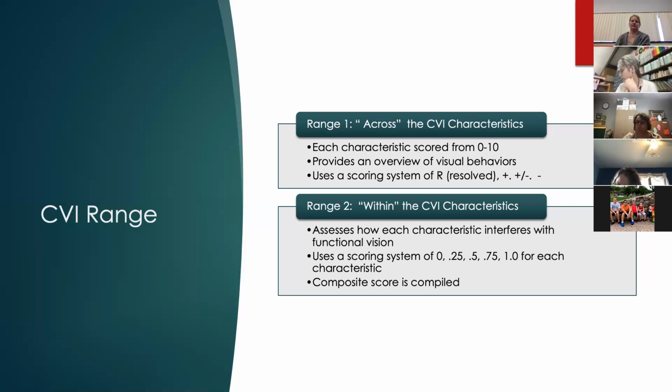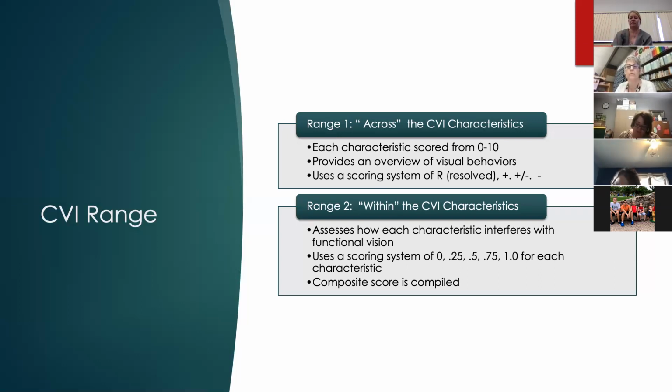And then a composite score is compiled. So you have a range 1 score and a range 2 score. If you're doing it correctly, they should match pretty close, within the same range, like 4.5 to 5.